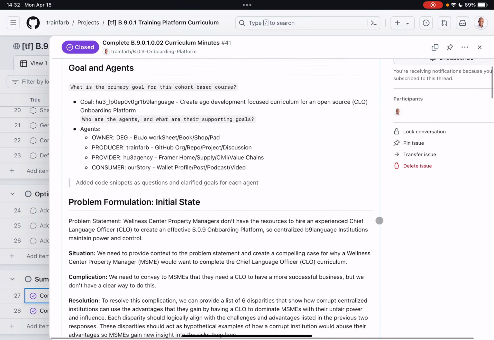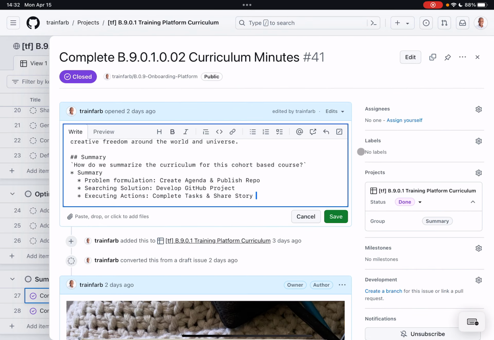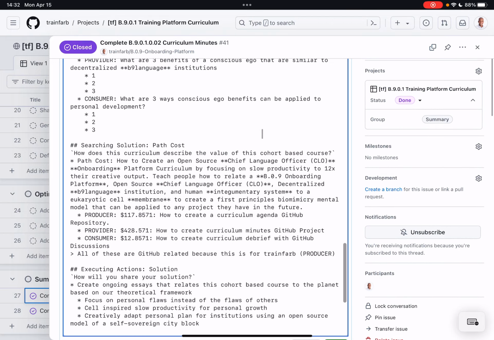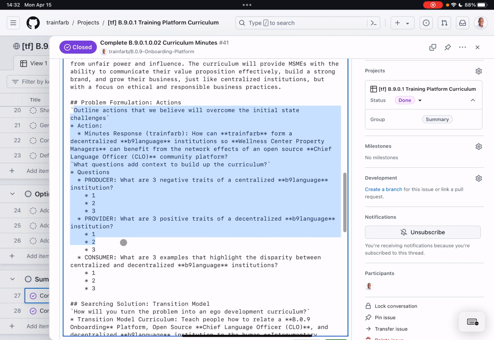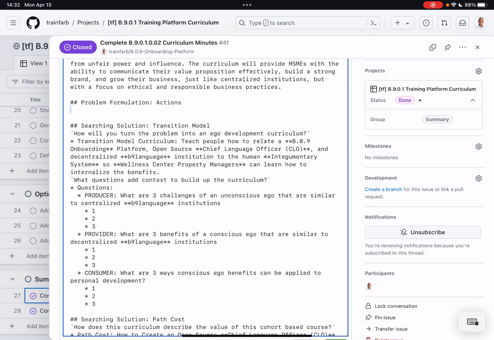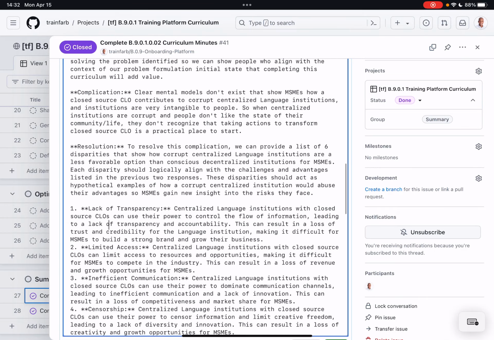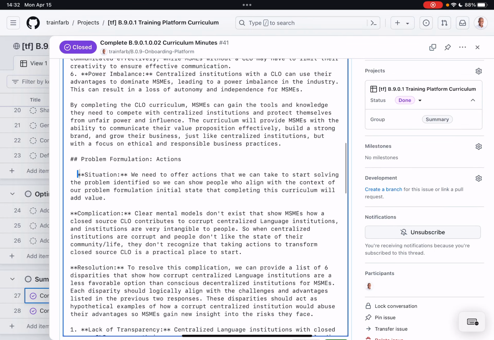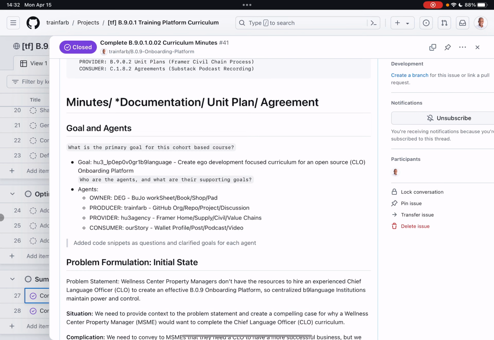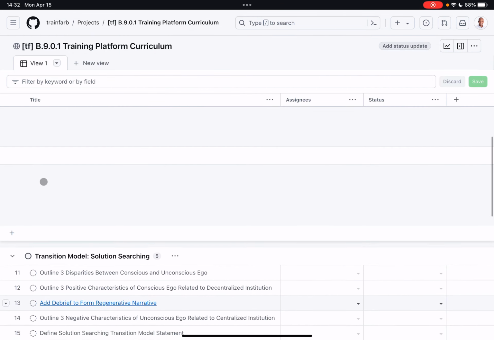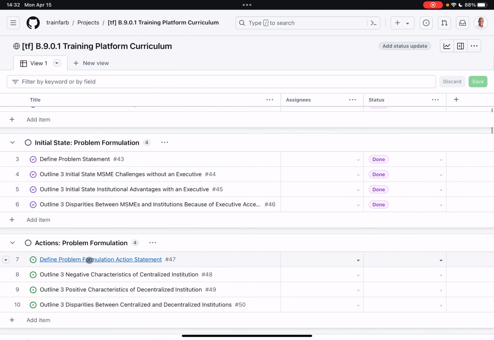Actions. Okay. So we've got that in there, but I also want to get the actual problem statement in here. This, the action statement.